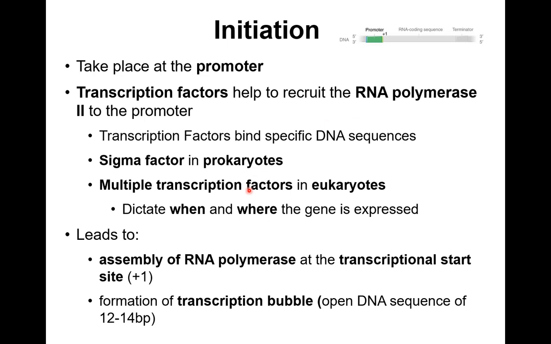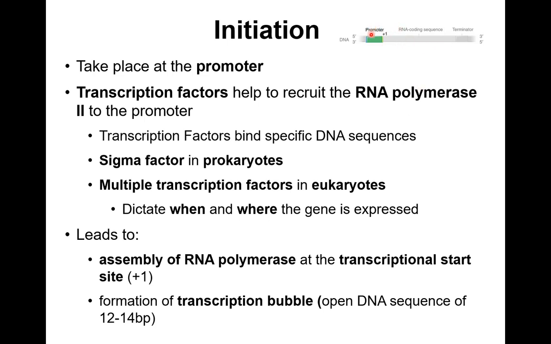Now, all of these, as I said before, lead to the assembly of the RNA polymerase at what is called the transcriptional start site. This +1 is the very first nucleotide that will get copied into RNA. The promoter is not copied into RNA. Only the RNA coding sequence and the terminator, which will be removed, are copied into RNA originally.